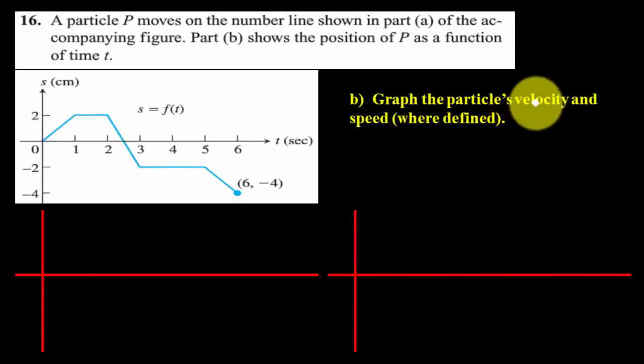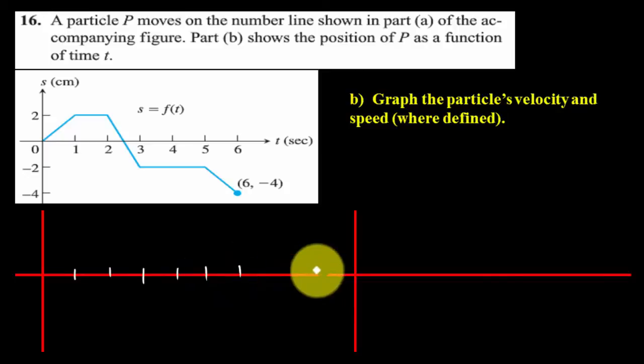Graph the particle's velocity and speed where it's defined. Okay, so what I will do is just go ahead and mark this out from 1, 2, 3, 4, 5, 6. That's your time, t. And now this is the graph of the velocity.